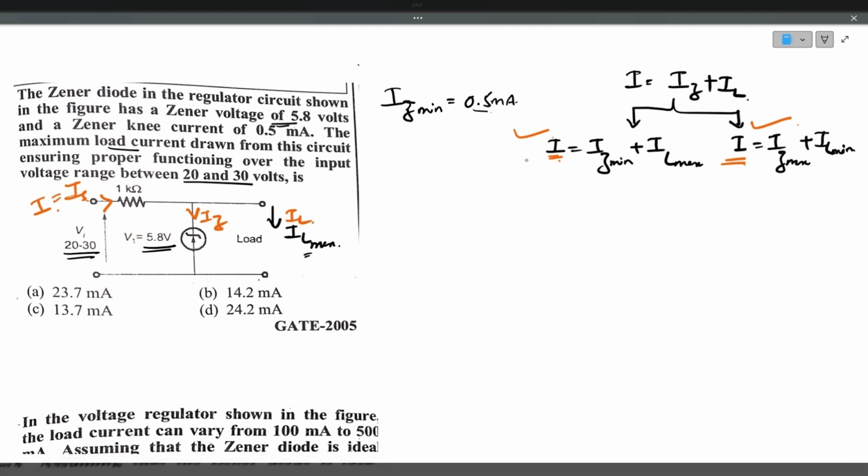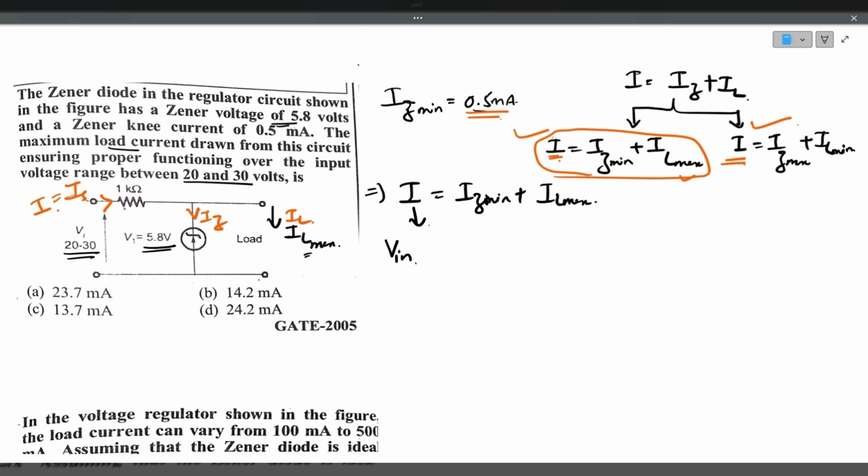So which one do we have to consider today? Because they have given IZ minimum and are asking for IL maximum, we have to consider this formula. Writing it down, we have current I equals IZ minimum plus IL maximum. I can be written like this: input voltage minus Zener voltage.